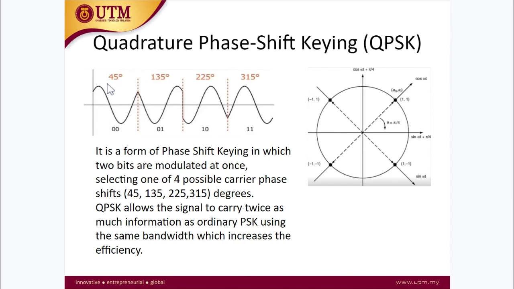So in this example, 45 degrees we can represent as 00, 135 degrees as 01, 225 degrees as 10, and 315 degrees as 11. So this signal carries twice as much information as ordinary PSK, using the same bandwidth, which increases the efficiency.